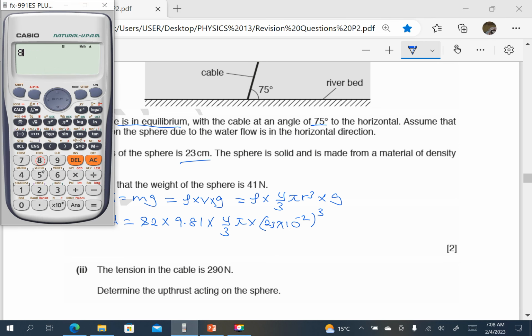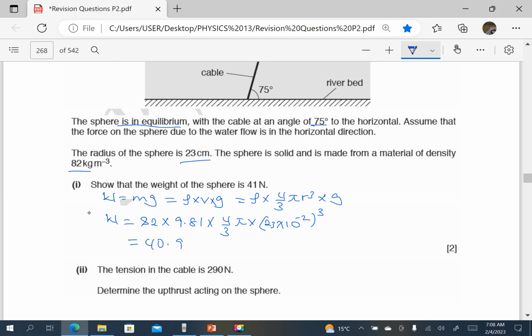So we have 82 times 9.81 times 4 pi, divided by 3, times 23 times 10 to the negative 2, all raised to power 3. That is giving us 40.997, which is approximately 41 newtons.